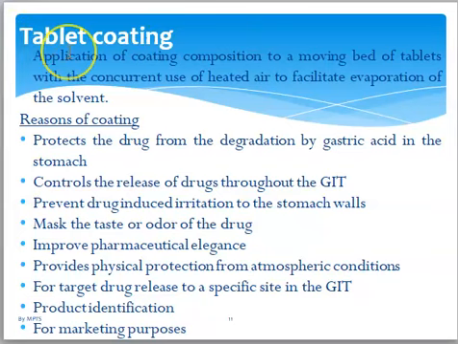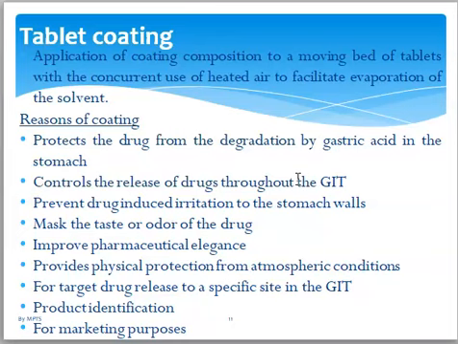Tablet coating. Let's look at tablet coating. Now, tablet coating is application of coat on the what? On the tablet. Now, why is tablet coating important? Because the reason for tablet coating is to protect the drug from disintegration by the GIT, or control the release of drug throughout the body. Now, you may want the drug to be released only in the small intestines.